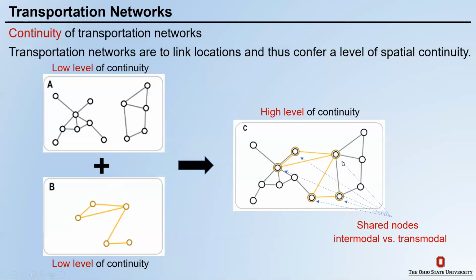If at the very beginning you consider this whole network to be simply one network, then there is no so-called concept of shared nodes. So these shared nodes could be intermodal nodes or transmodal nodes. These two concepts are the last part of this video.